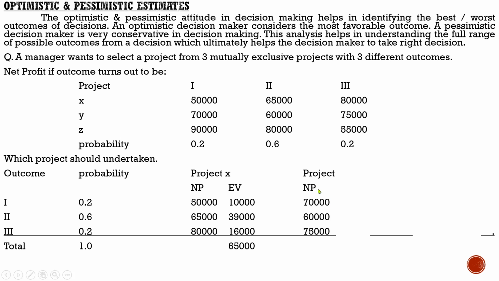So let us go to project Y. Project Y's outcomes are 70,000, 60,000, 75,000, and its probabilities are 0.2, 0.6, 0.2.